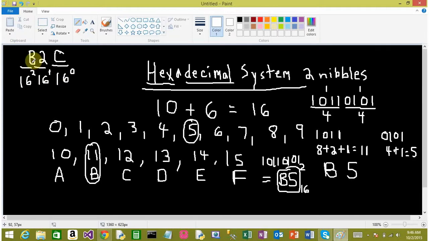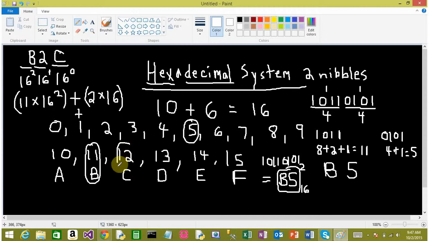So just looking at this here, with the B, that's 11. So we're going to do 11 and then multiply that by 16 to the second power, plus the value 2, multiplied by 16 to the first power, 16, and then plus C, which is the value 12.